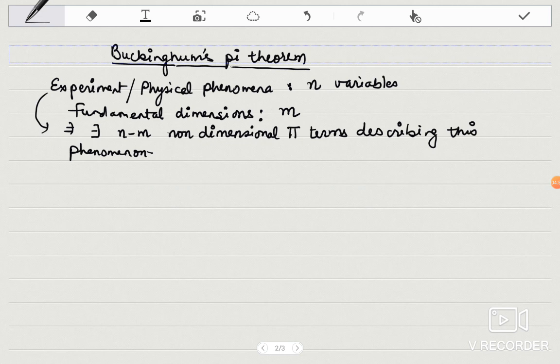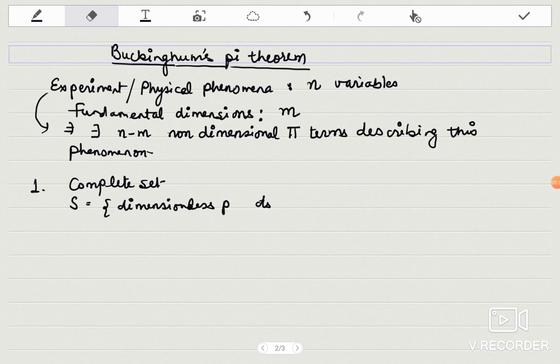In Buckingham's pi theorem, there are two things which are important. Number one, a complete set, say S, where S is the set of dimensionless products of given variables.